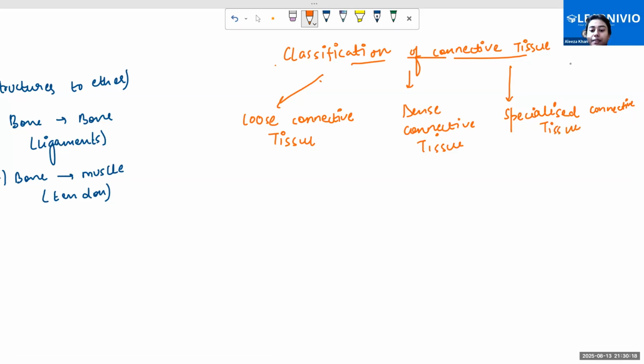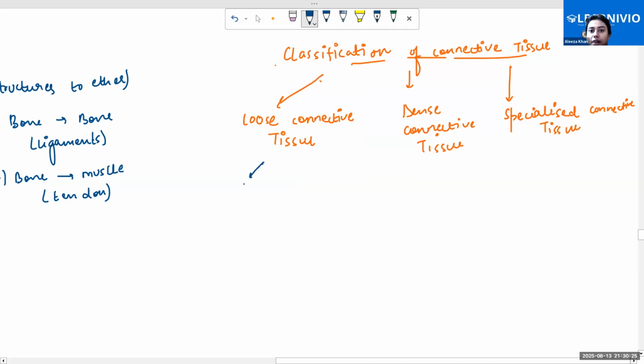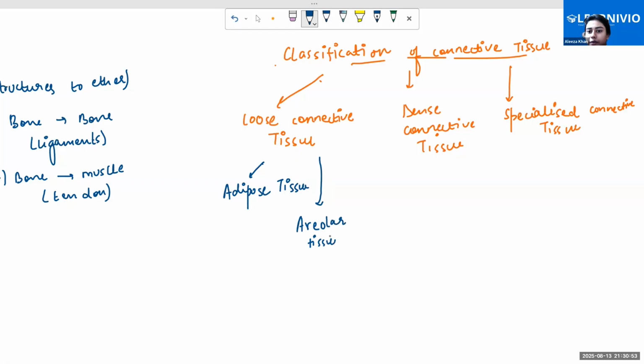Now coming on to the sub-classification. Based on this classification, we'll be talking about these tissues in brief, but I'm drawing this flowchart so that you don't get confused with the different types of tissues. Under the loose connective tissue, you have adipose tissue and areolar tissue.